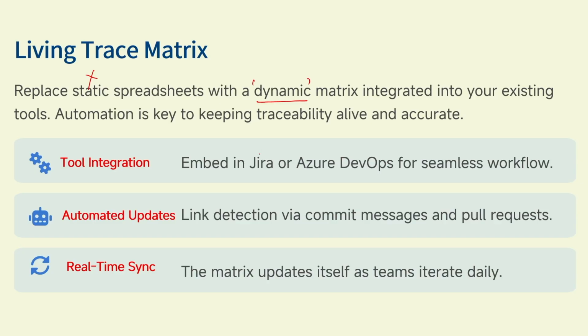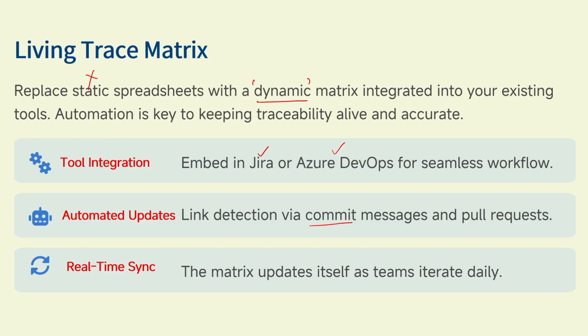Okay, so there are many tools available, like Jira and Azure DevOps, which could be embedded within our tool, and we can make sure to have a live traceability matrix. And whenever there is a commit, so we have understood what we mean by commit. A commit is some changes that we have done in a particular module and we have uploaded that code to the repository. So when there is a commit, you have to make sure that commit has not caused any issues with respect to already available existing modules.